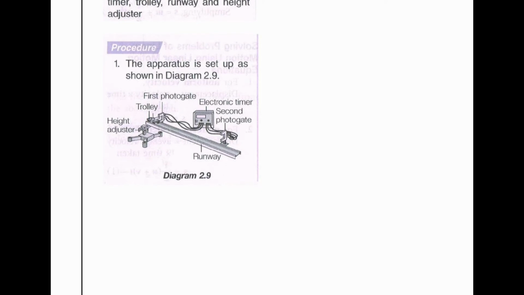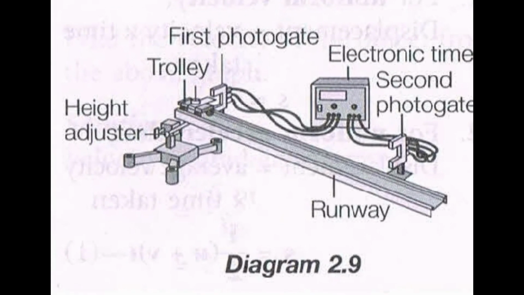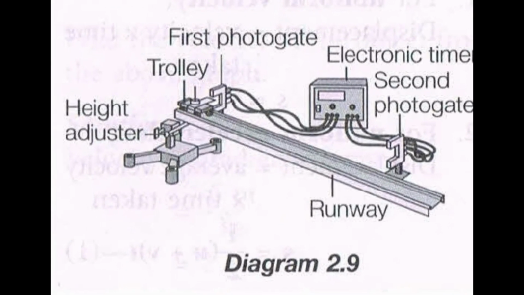So first of all, we put a trolley on a runway. The runway is inclined so that the trolley will slide down. And there is something on the trolley where, if I zoom in a little bit, then you can see that there is a piece of plate which is known as shutter plate here.